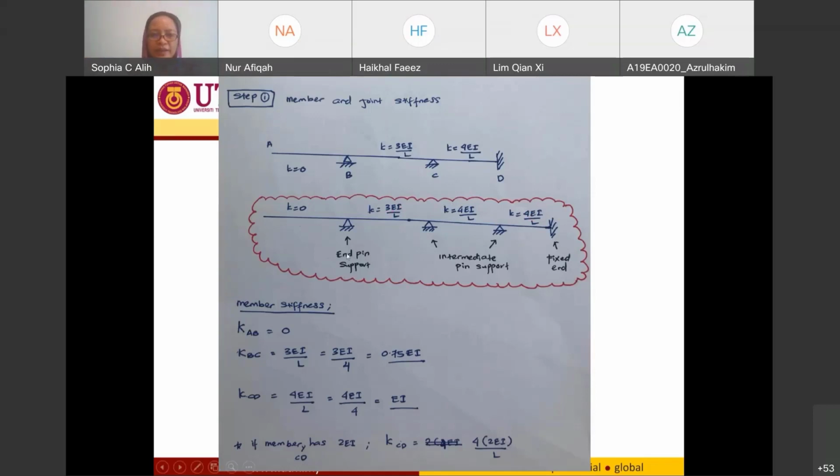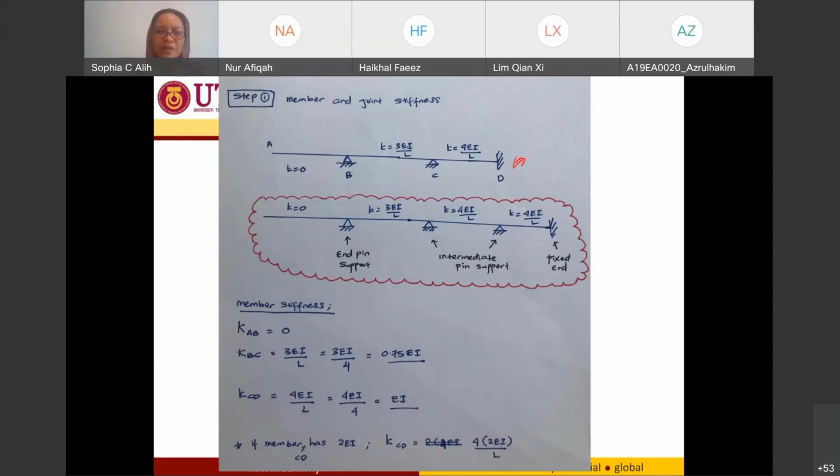Now, if I calculate the member stiffness for KAB, this one is A, this one is B, and this one is C. This is not our example, but this is the guidance we are referring to.